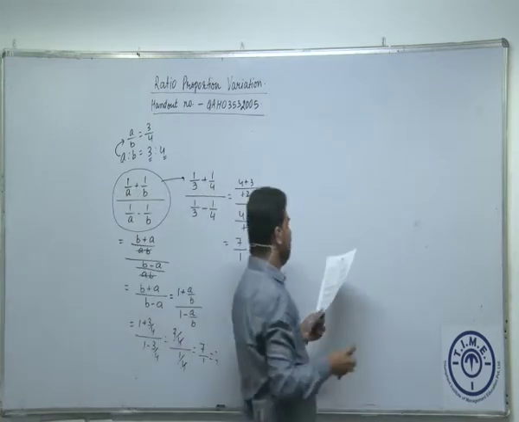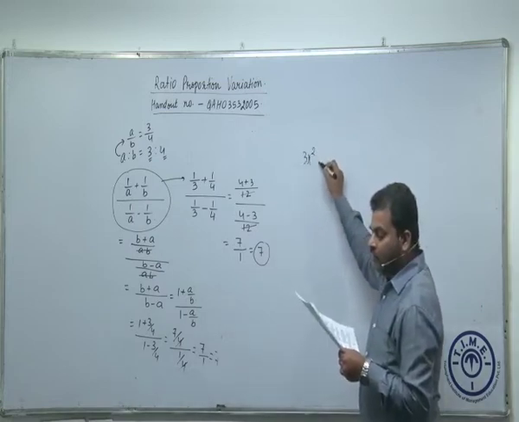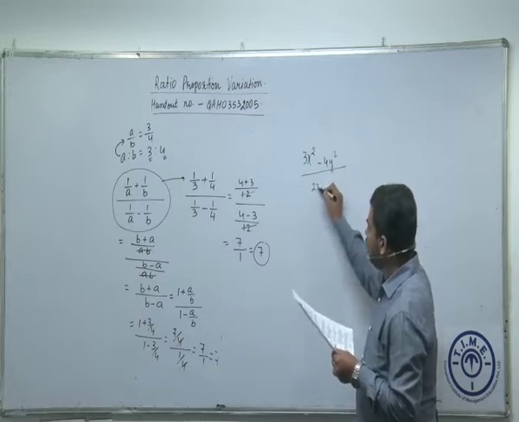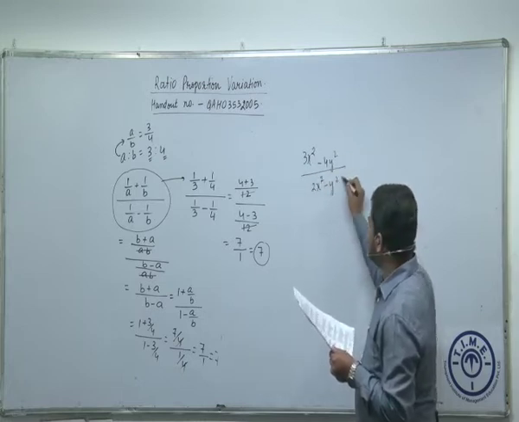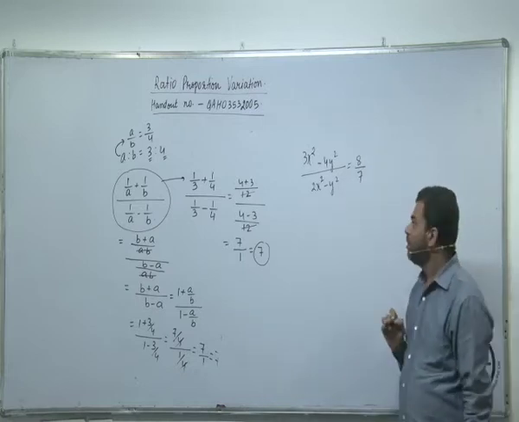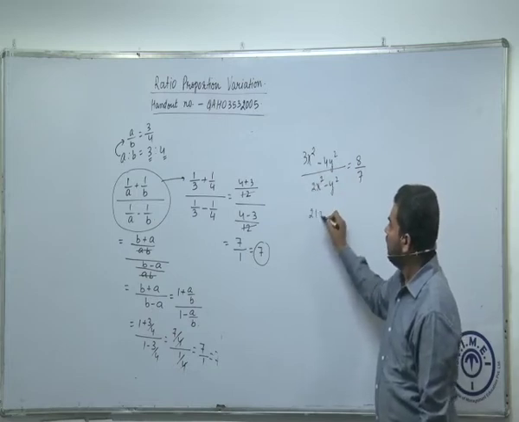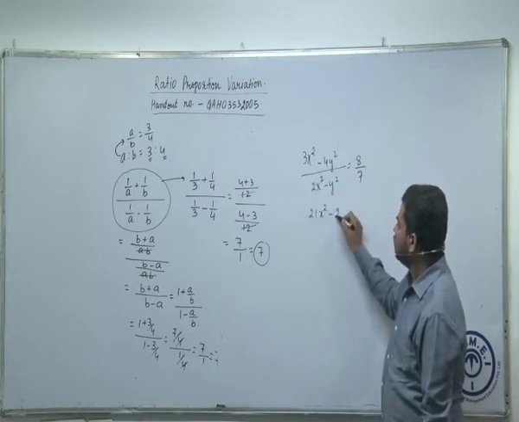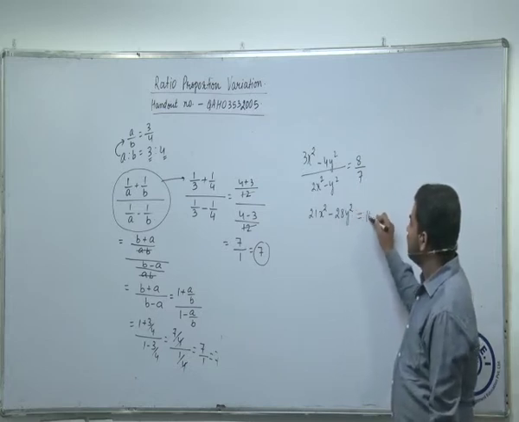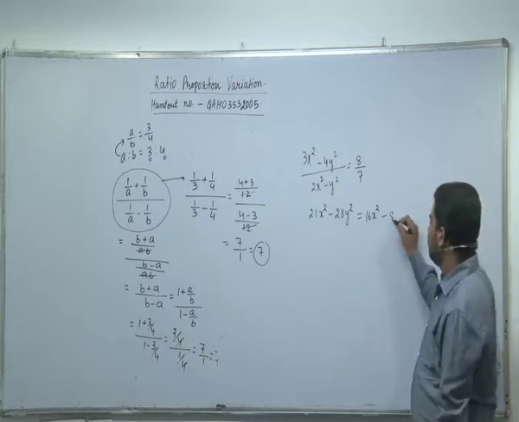So we have (3x square minus 4y square) divided by (2x square minus y square) is equal to 8 by 7. Okay. Let us cross multiply. What do we get? 7 into 3, 21x square minus 28y square is equal to 16x square minus 8y square.